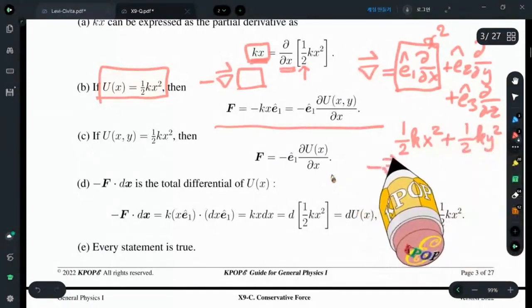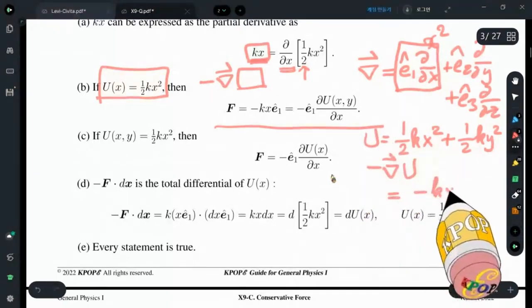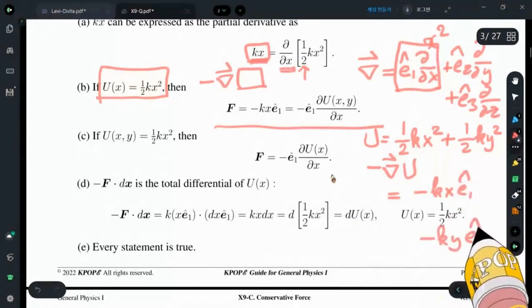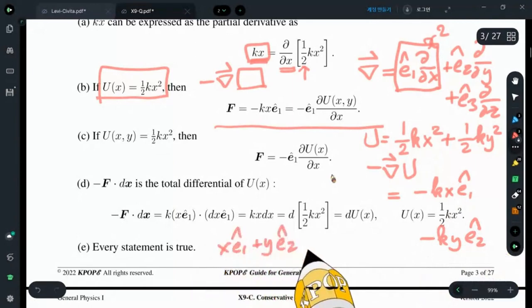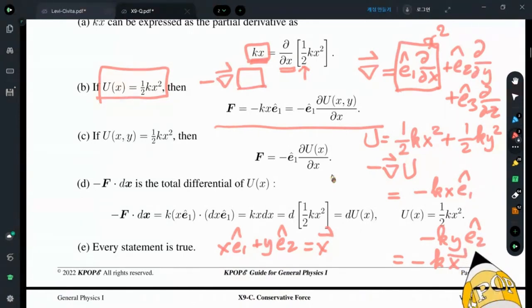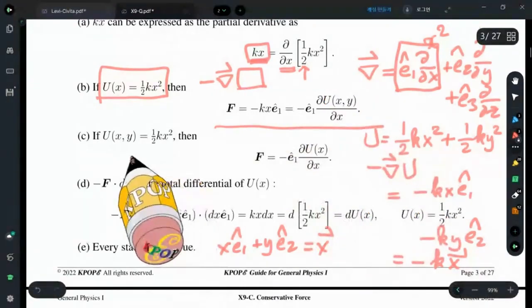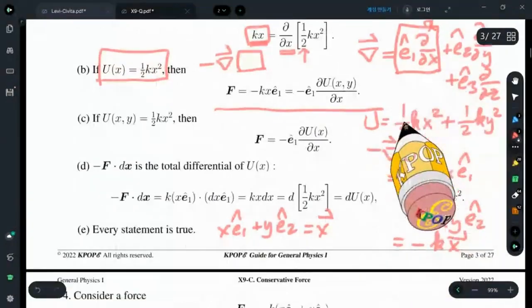In that case, minus the gradient of this potential should be minus kx e1 hat minus ky e2 hat. We know x e1 hat plus y e2 hat can be written as a vector x. So it satisfies k vector x in 2 dimensions as well as in 1 dimension. So even if we extend into 2-dimensional case, we can say the potential energy is of this form.